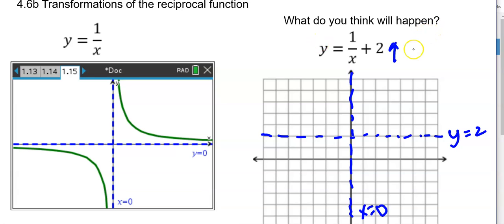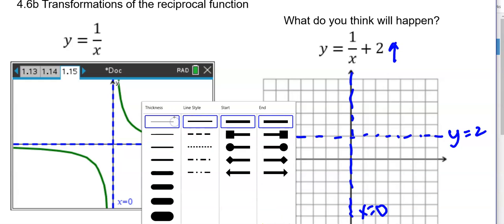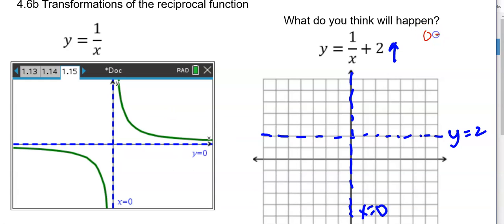So 0 equals 1 over x plus 2. Subtract 2, you get negative 2 equals 1 over x. Multiply by x, you get negative 2x equals 1. Divide by negative 2, x equals negative 1 half.